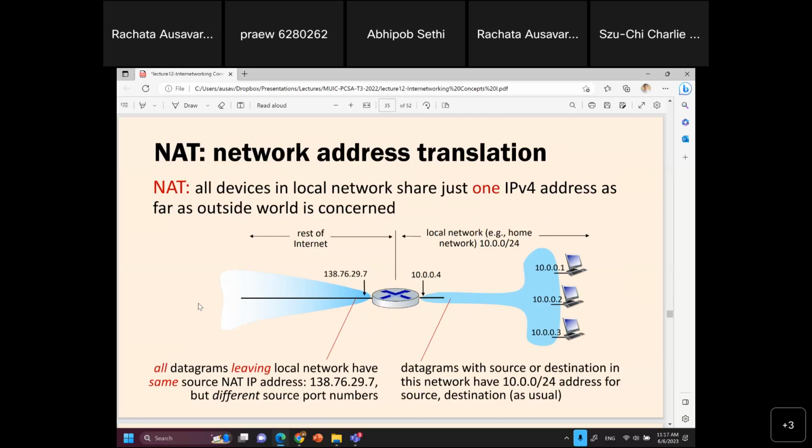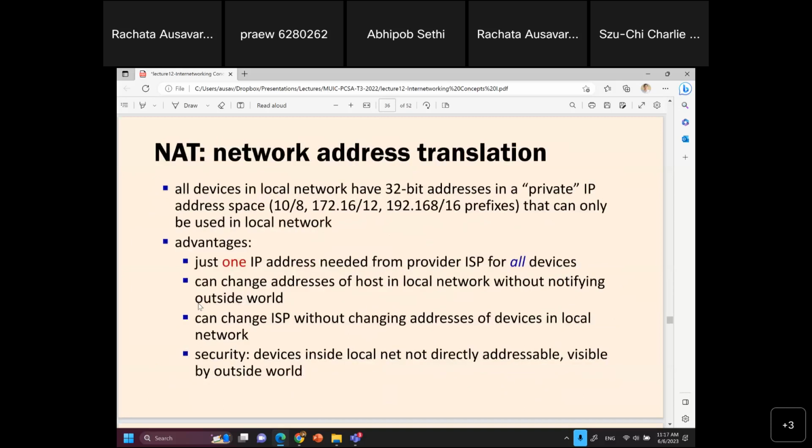And inside the network, if you're in Mahidol University and you ping another device in the same network, you get the local IP. So outside you see the global IP, inside you see the local IP. Anything in the local network will have a 32-bit private IP address that can only be used locally.